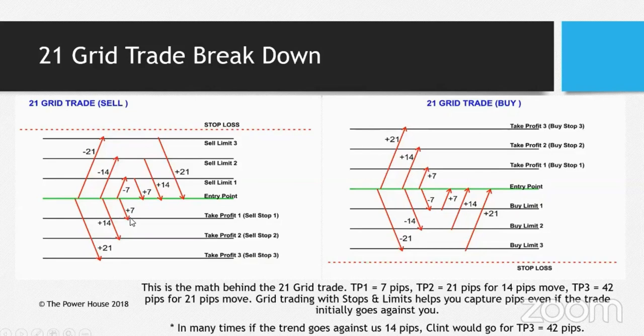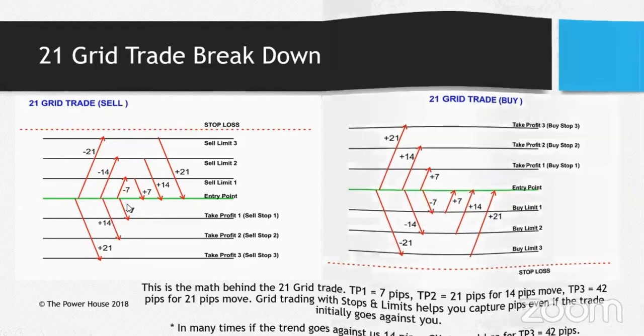So we might take profit 1 over here for 7 pips, or we may let the trend run longer and move another 7 pips. That means it will trigger this second entry. And by the time it reaches this zone, the original entry from here would make 14 pips.